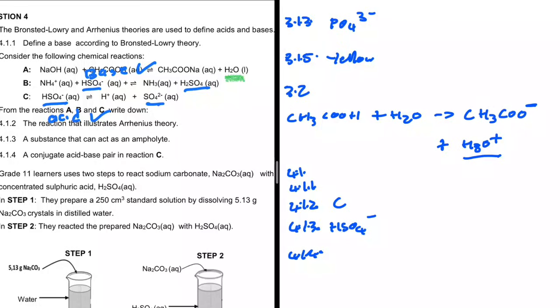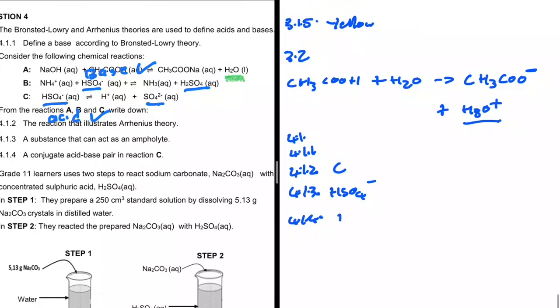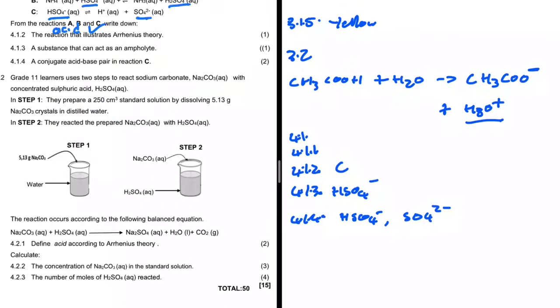And then we know that a conjugate base is what's left after an acid donates a proton. So the pair is HSO4 minus and SO4 2 minus. So there we go. That is 4.1.4. Okay, 4.2.